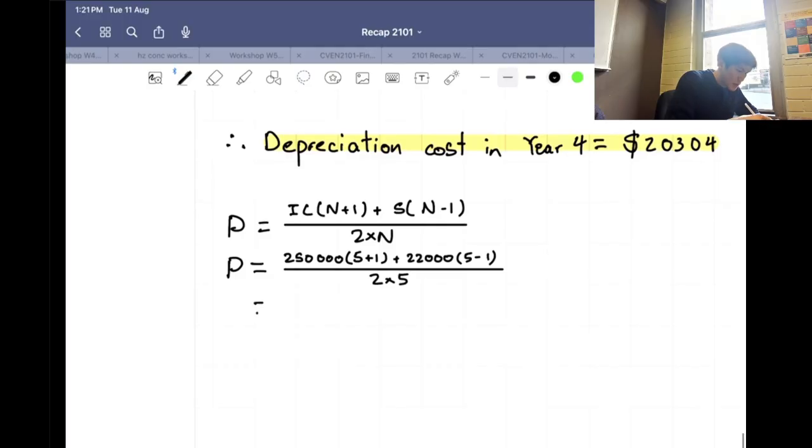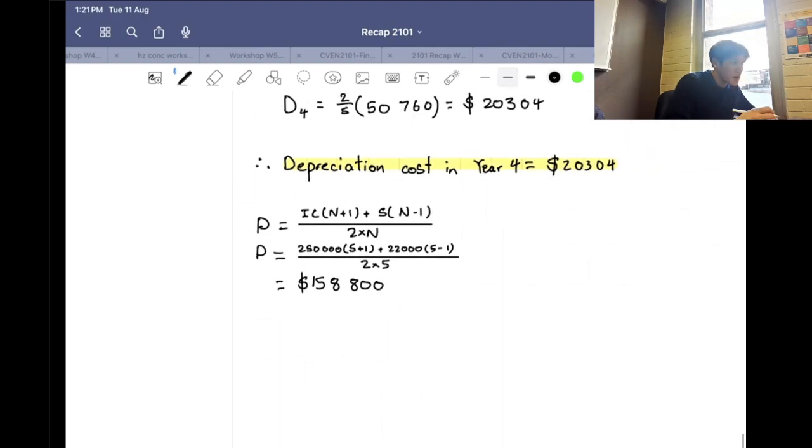And that should give you 158,800 for your P value.